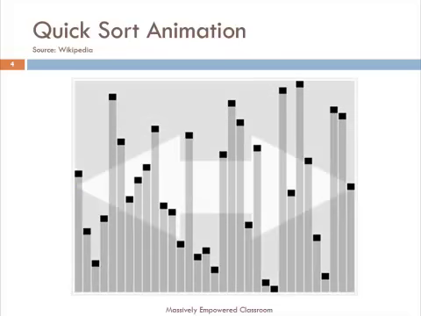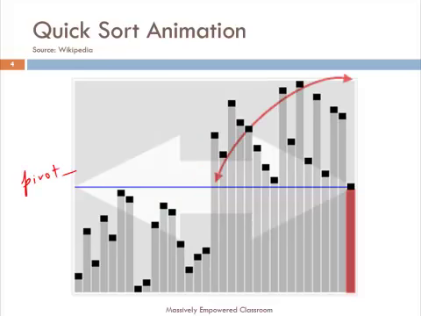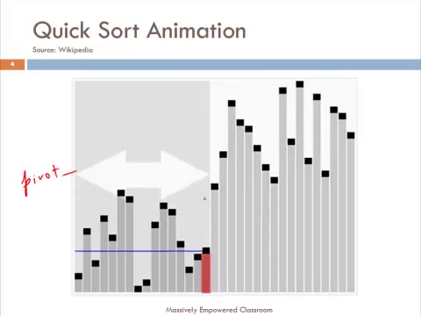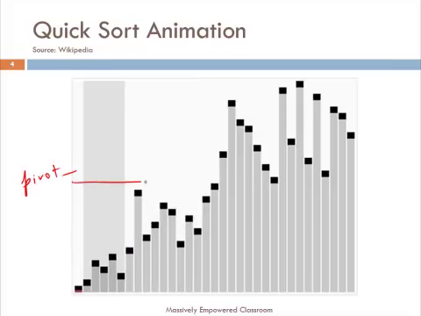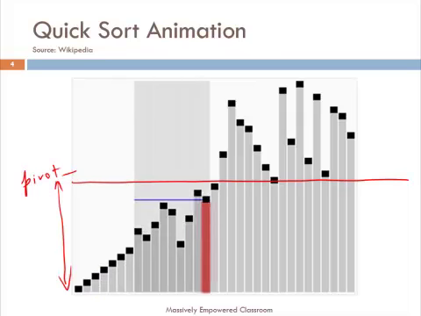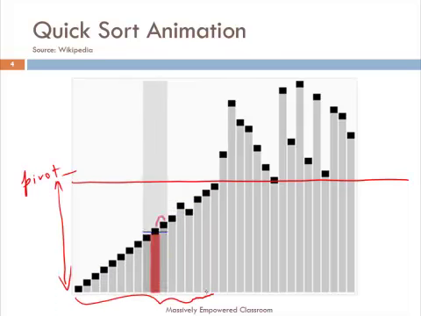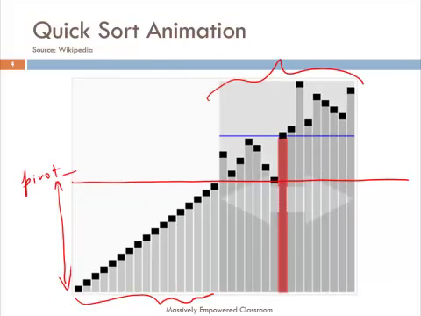So let's now start. It assumes that the first element is what is called the pivot. And then it rearranges the elements so that every data element which was less than the pivot comes to the first partition. And every element which was greater than the pivot goes to the second partition.